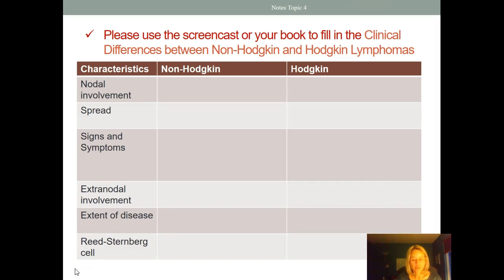Extranodal involvement in non-Hodgkin's disease is common. Okay, it can spread beyond the lymph nodes. With Hodgkin's, it is rare. Extent of disease in non-Hodgkin's, it is rarely localized. In Hodgkin's, it's usually localized. And then the Reed-Sternberg cell is not present in non-Hodgkin's disease, but is present in Hodgkin's disease.